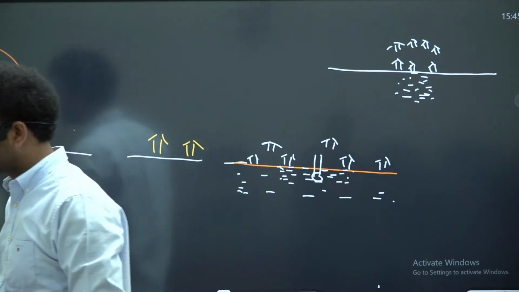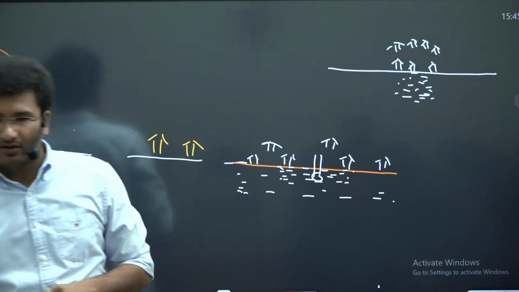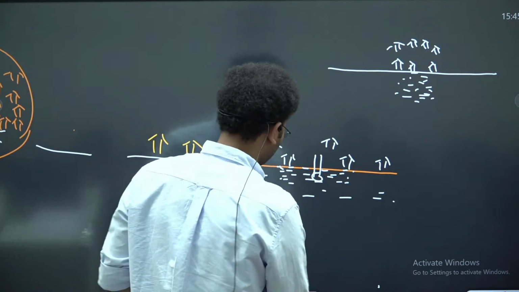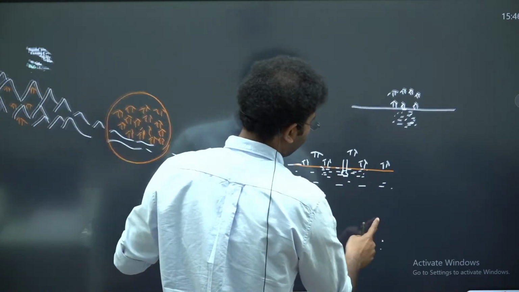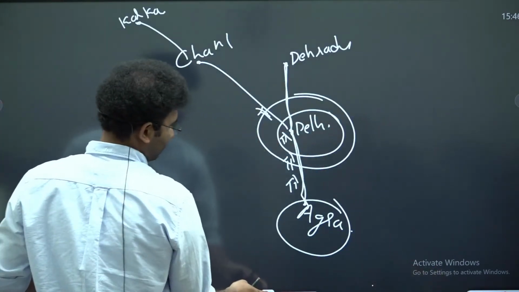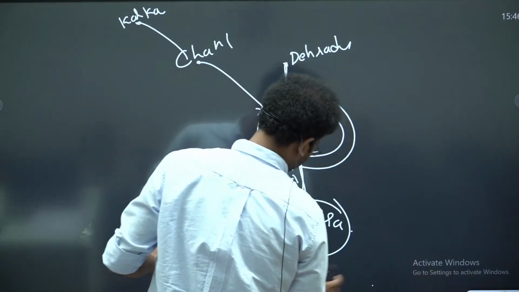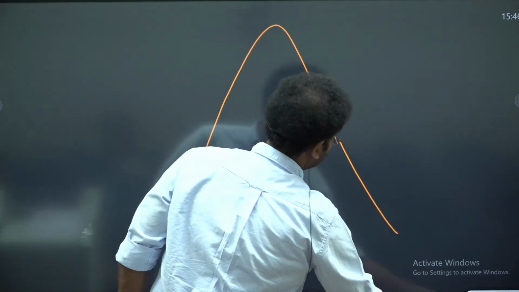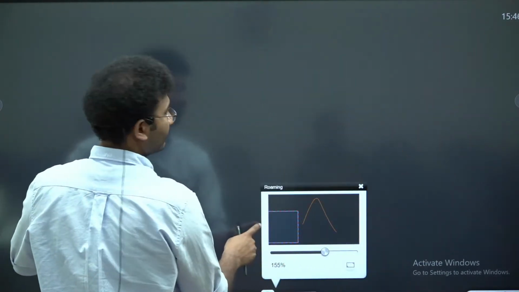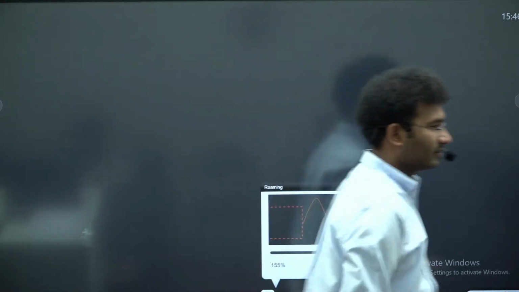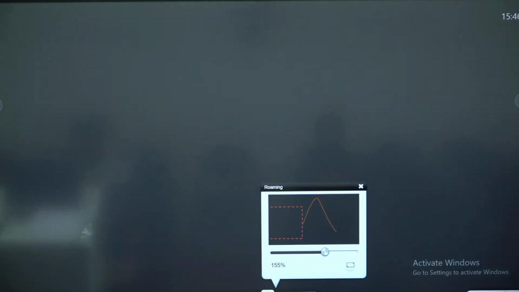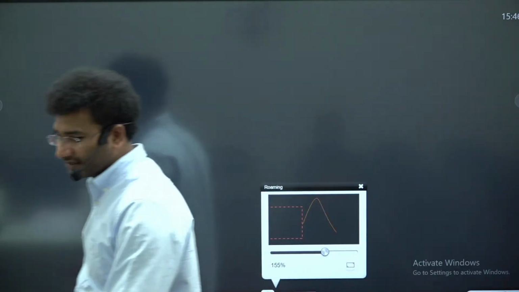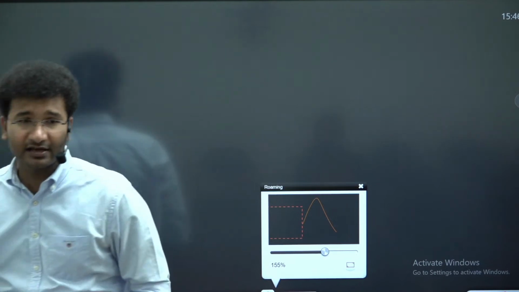Now, coming to the next factor, it is climate. Of course, climate also plays a vital role. Okay? Now, come back, you'll understand that climate has a big role in terms of distribution of population. Just a minute. Yes. So, along with climate, soil will help.